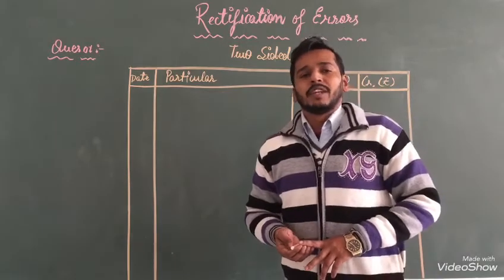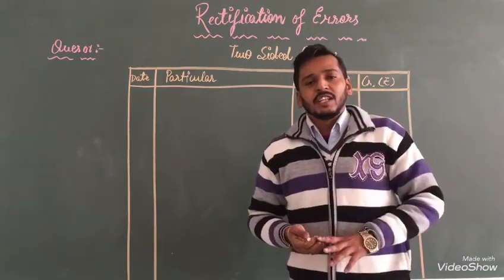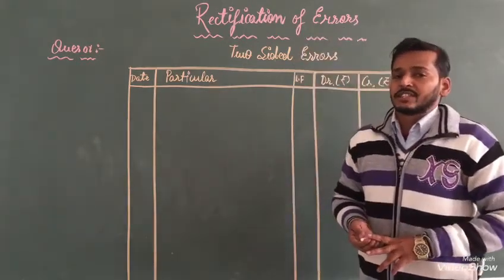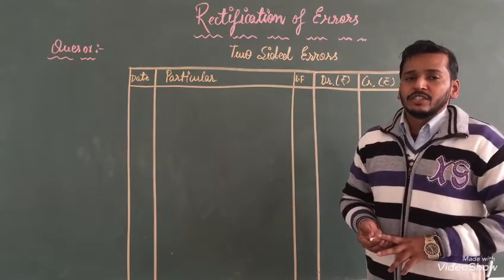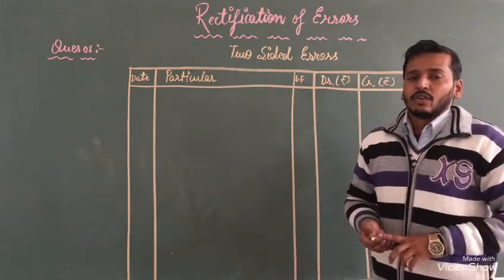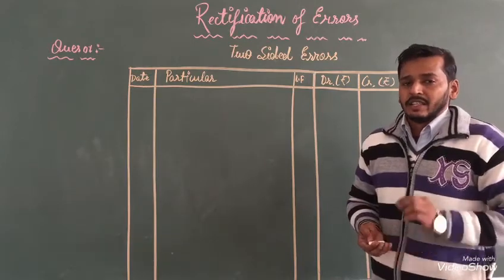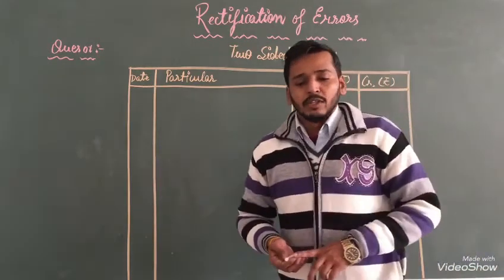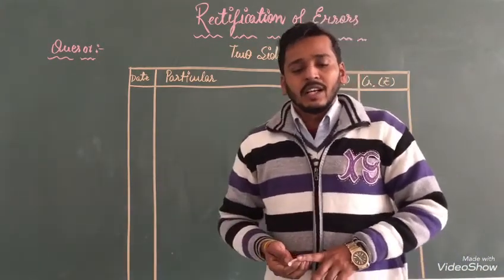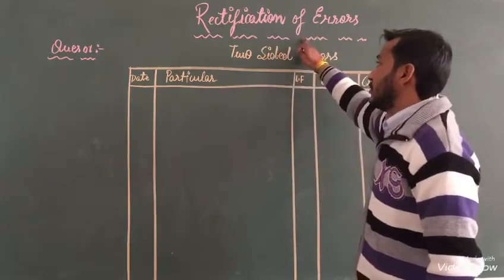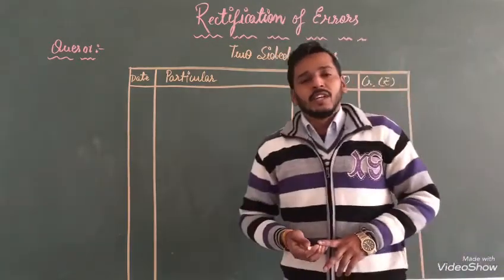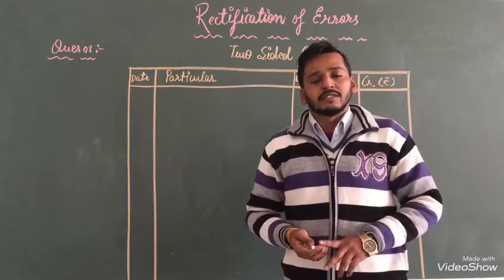Suppose we have made an error and need correction, or we need to calculate what error has come in. We can identify it, or rectify it, with the help of rectification of errors.